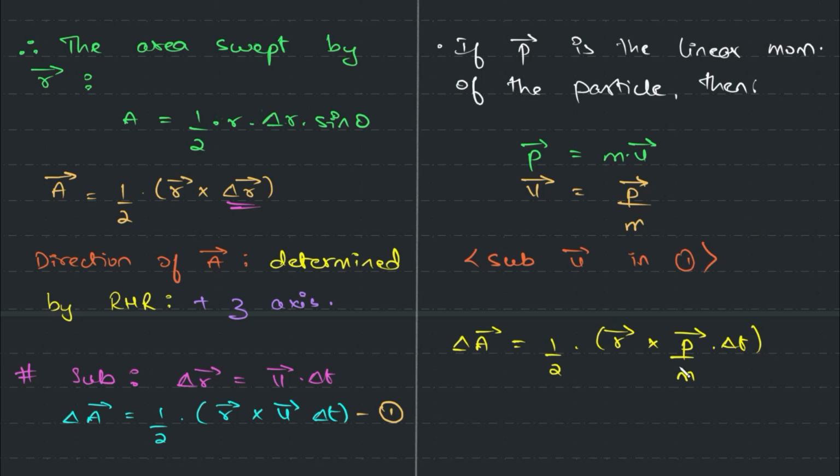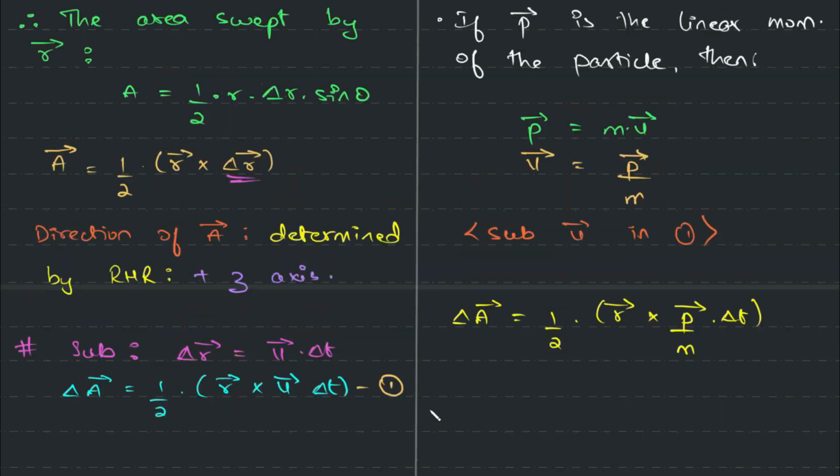Then what can I do? I can shift delta T to the left side. You have mass that is constant over here and R crossed with P. And what is this?